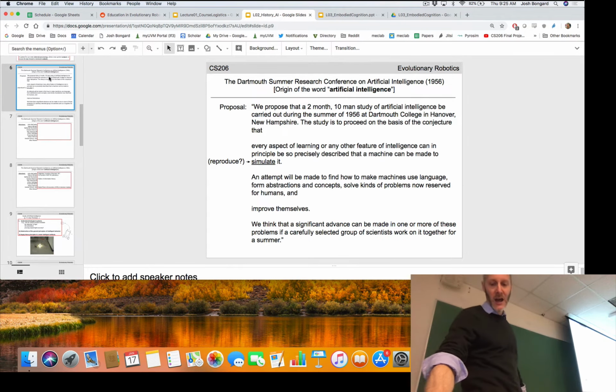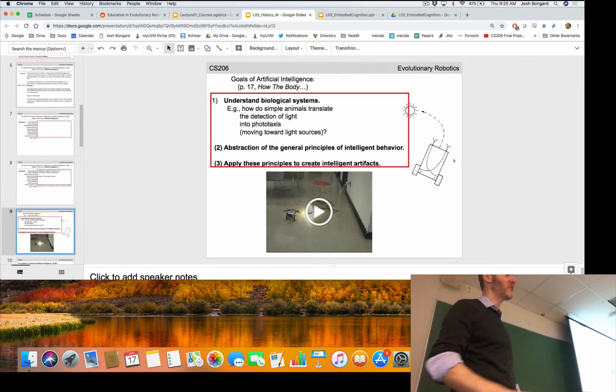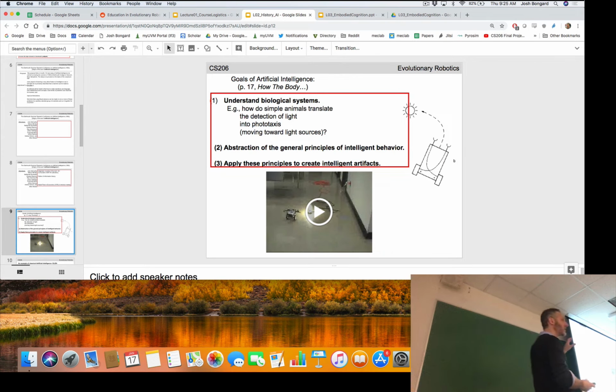Let's try and understand simple animal behavior first, build that into machines, move on to the next task, and so on. So, can we understand biological systems? Can we precisely describe them in mathematics, so that we can abstract away the biological details and just get at the underlying algorithm? And if we do, then maybe we can drop it into machines. That's the general approach in bio-inspired AI.